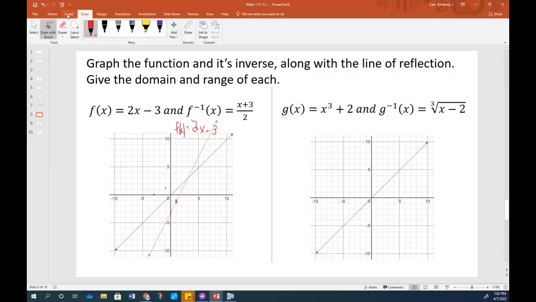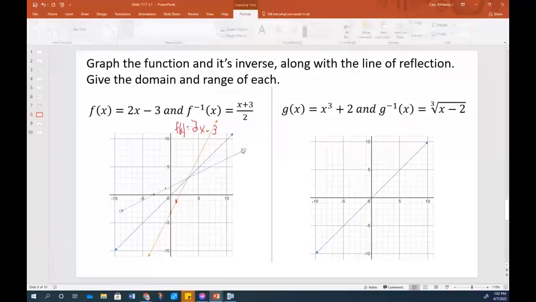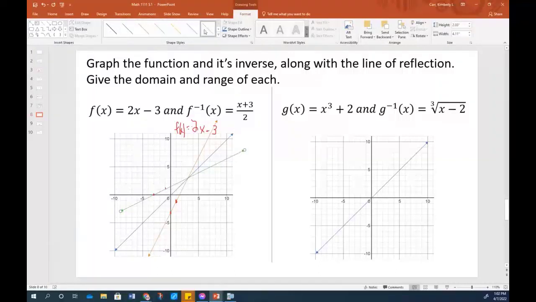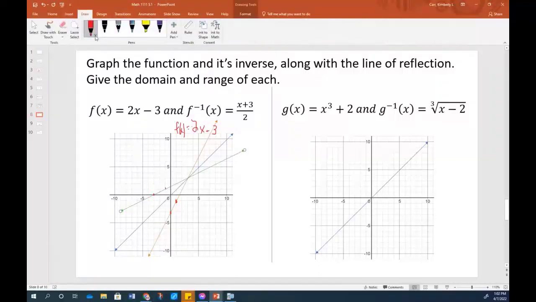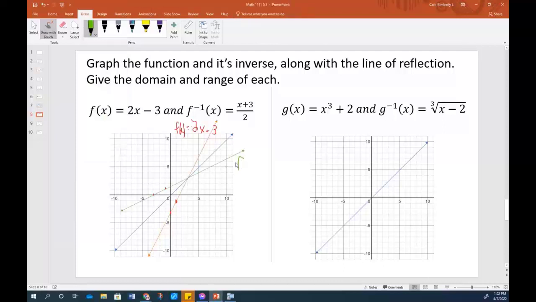So now I again have 2 points that I can put that line through. F of x, or rather f inverse of x, is equal to x plus 3 over 2.